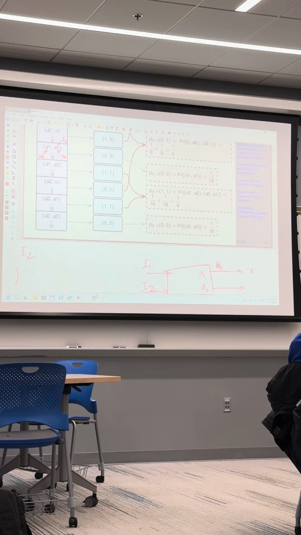Now the joint range, because both of these packets went to output port number 1. So that's why x equals 2, and y equals 0. So no packet went to output port number 2. Because you have A1, both went to output port number 1. So that's why x equals 2, y equals 0.